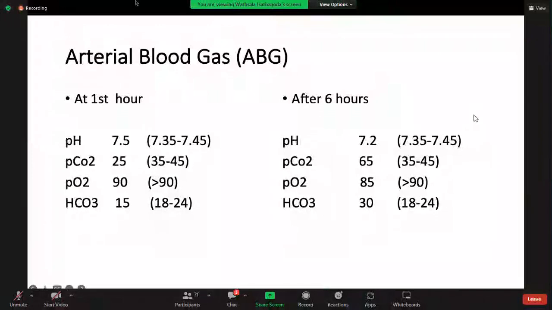Madam, in the first hour, there is alkalosis. pH is 7.5, which can be explained by the decrease in PCO2. So it's a respiratory alkalosis, and bicarb is also low at 15. So there is a partial compensation going on, mostly renal. So that is a respiratory alkalosis with partial renal compensation.